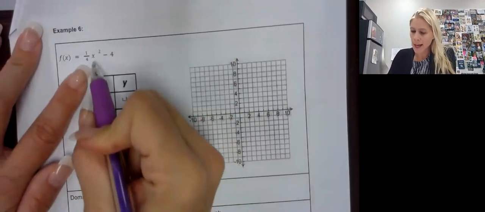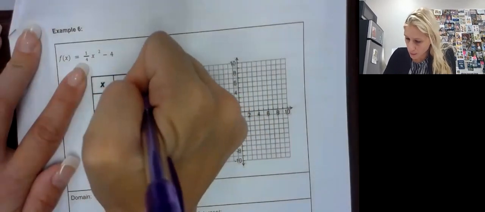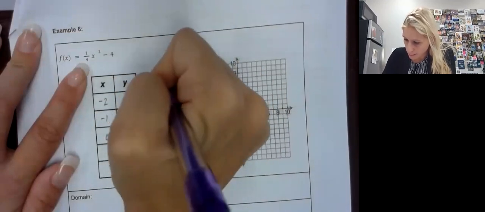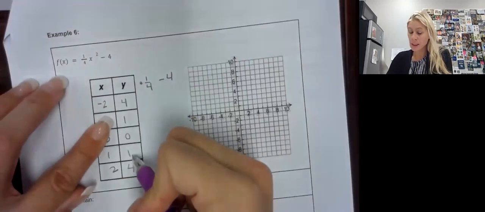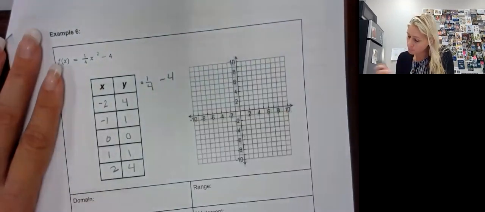Okay, nothing is happening to the x values. So remember, we do left to right. So I'm going to multiply it by 1/4 and subtract 4. So unfortunately here we'll get some decimals. So what I might want to do is find some extra points that work. And what might work?